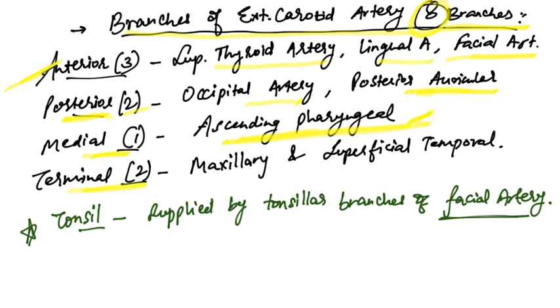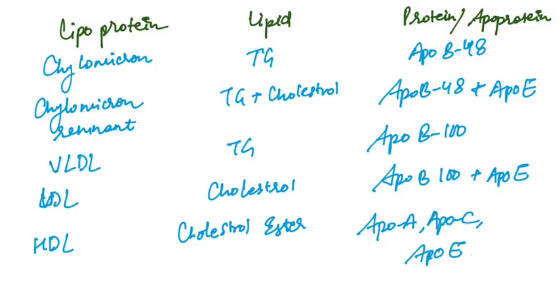Terminal, there are 2 branches, maxillary artery and the superficial temporal artery. Now, one important point that sometimes they ask: tonsils are supplied by the tonsillar branches of the facial artery, and facial artery is the branch of the external carotid artery. So this is a question, so please remember this.